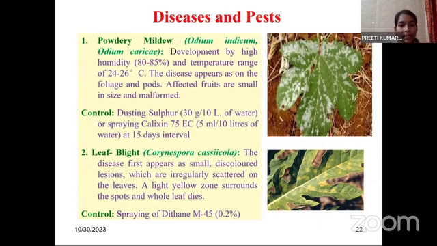The other disease is leaf blight. The diseases first appear as small discolored lesions irregularly scattered on the leaves. As we can see in the photo, this is how leaf blight and powdery mildew look. Leaf blight can be controlled by spraying Dithane.